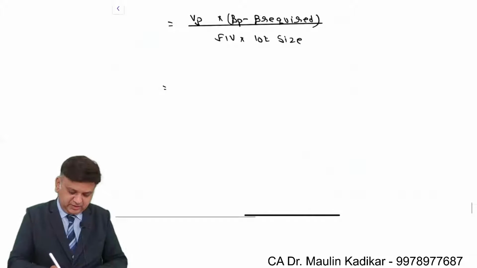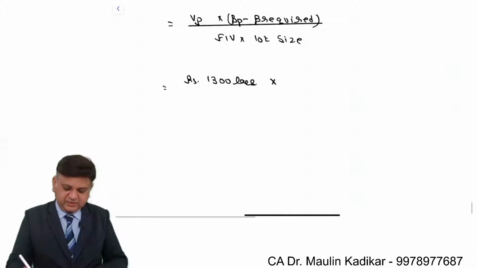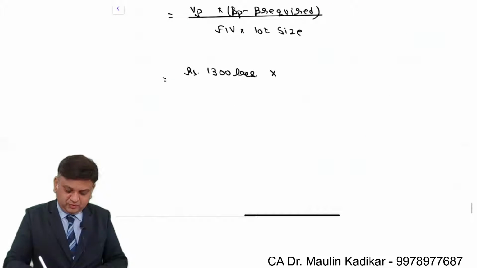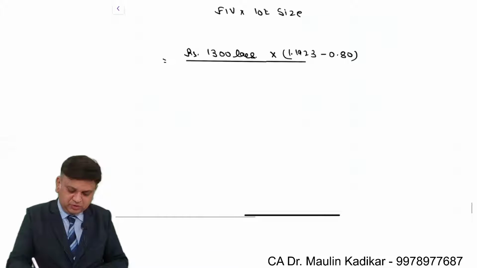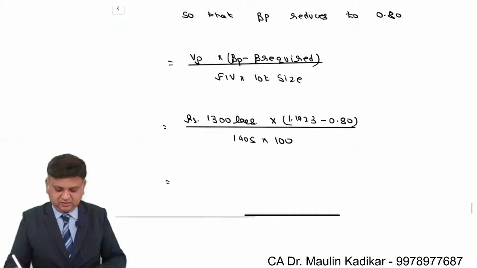Value of the portfolio है rupees 1300 lakhs. Beta of the portfolio है 1.1923 minus beta required है 0.8 divided by futures index value is 1405 into lot size is 100.